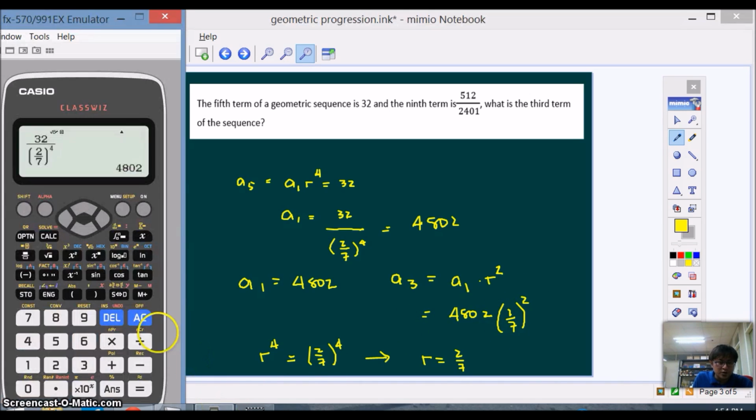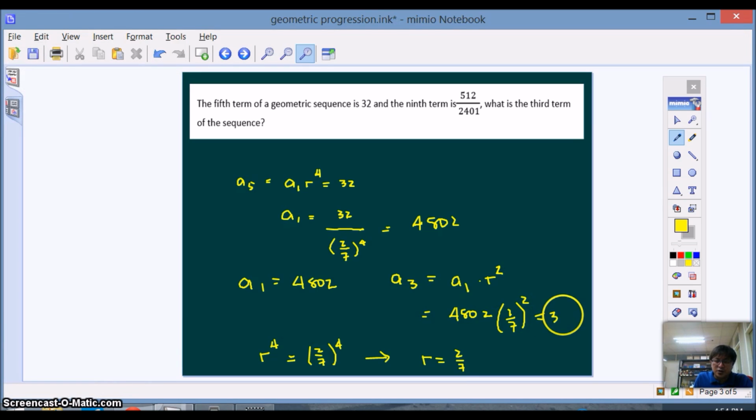So again, just use this: 4,802 times the quantity 2 over 7 and then squared. So the third term, our answer would be 392.